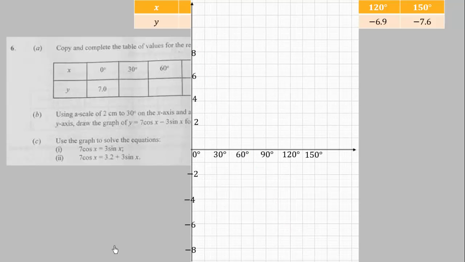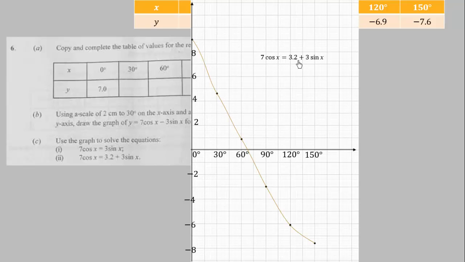Then the second part says that we should use the graph to solve the equation 7 cos x equals 3.2 plus 3 sin x. So the same thing, we are going to rewrite the equation to look like the one whose graph we drew.